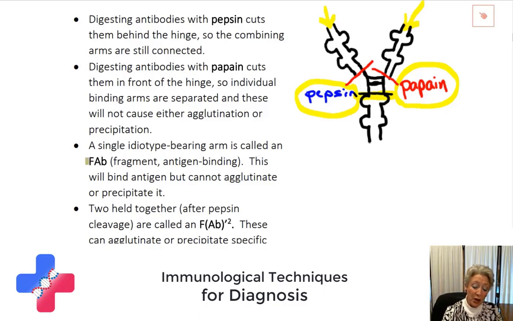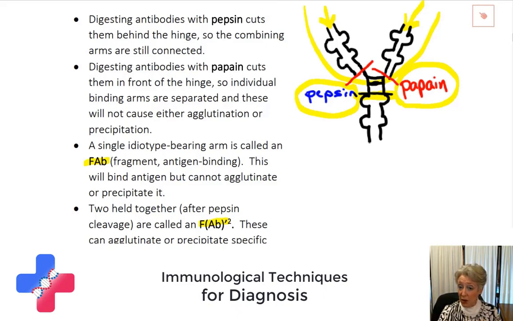Each antibody binding arm is called an FAB, fragment antigen binding, and if I put two of them together, I refer to it as an FAB prime 2. So pepsin would create that molecule still intact on the top end. So there are two combining sites that I could use to bind to two identical materials and cause them to become large and settle out of a liquid.